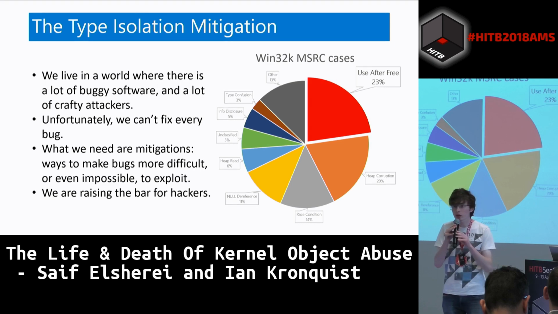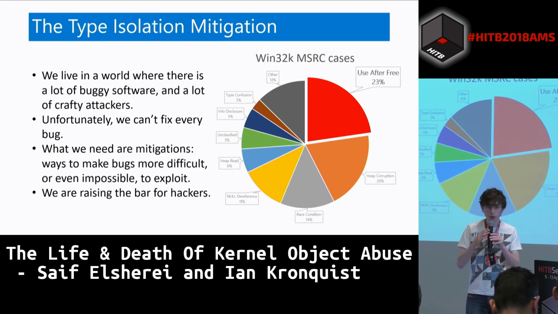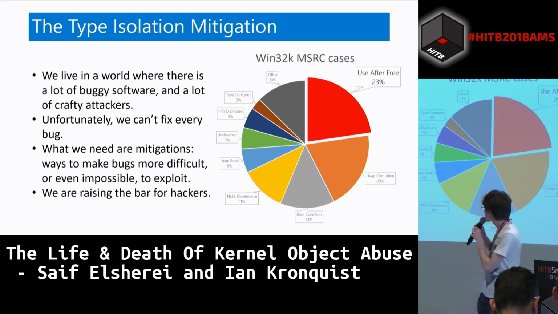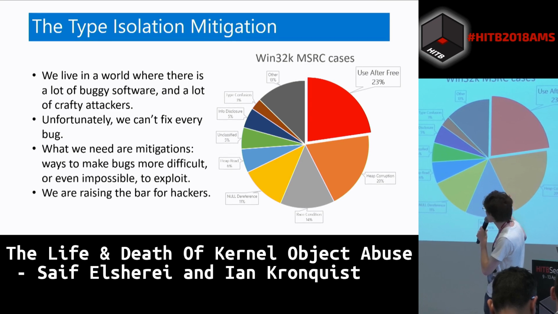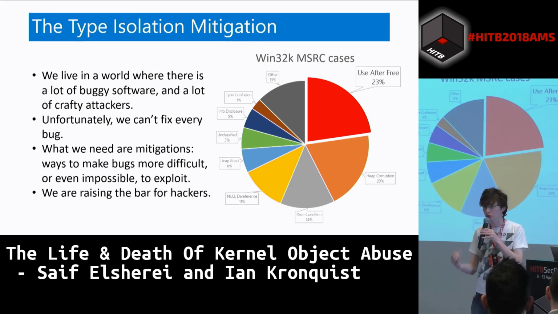Fortunately, at Microsoft, we have a lot of historical MSRC data of all our vulnerabilities, everything. Saif has shown us, and people looking for bug bounties, they've reported it. And you can see that we looked at it in order to decide how we want to design our mitigations, what's most important to tackle first.